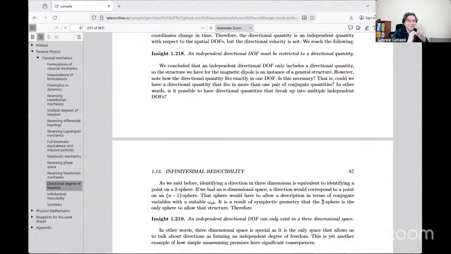With the velocity of the directional degree of freedom, instead, that's not the case anymore, because I need to know the relationship of those variables to be able to know what's going on. I don't need to know the relationship between, let's say, the one coordinate that I use for one particle and the one coordinate that I use for the other particles.